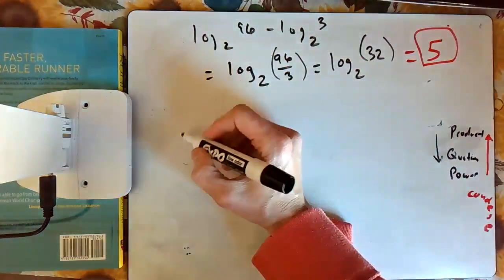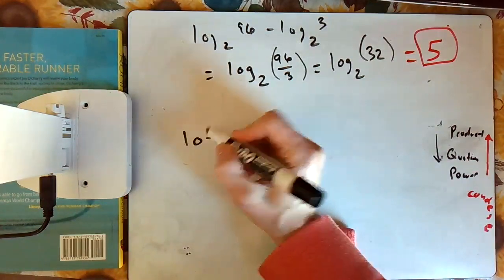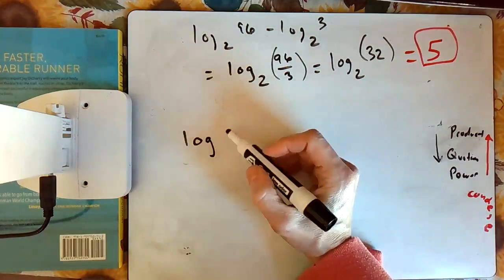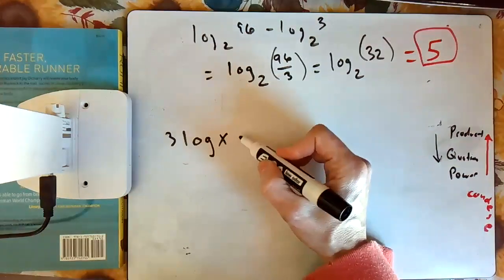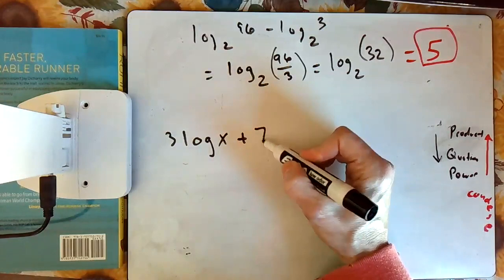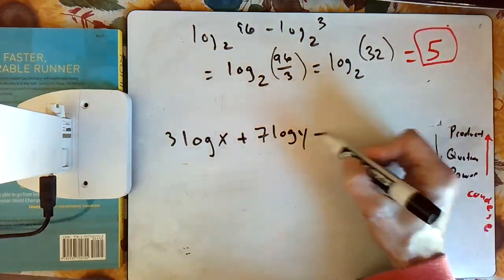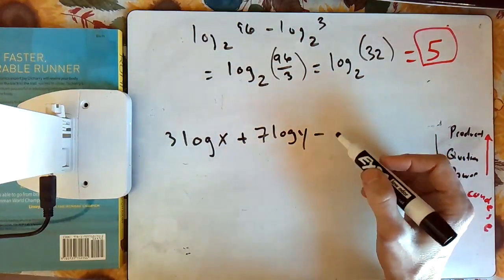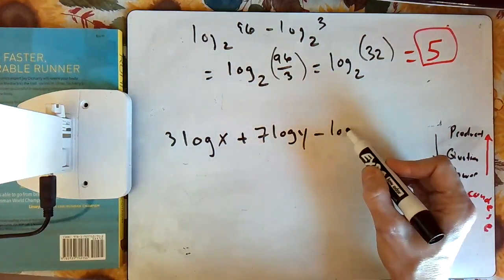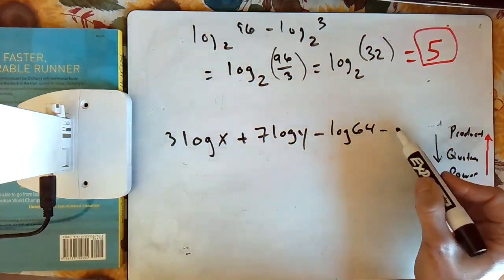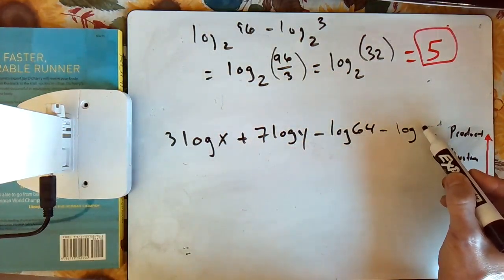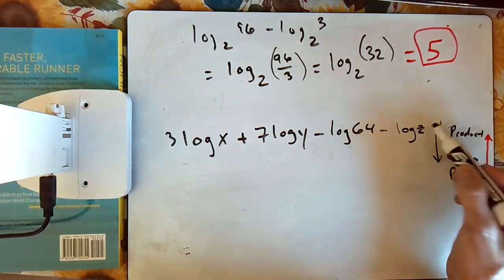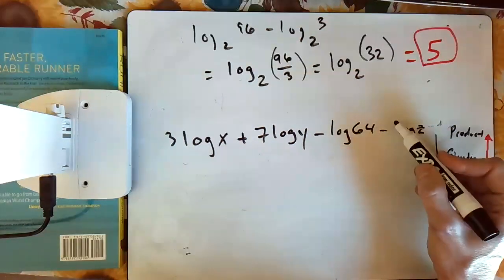Now, what if we have something like 3 log of x plus 7 log of y minus log of 64 minus 5 log of z?